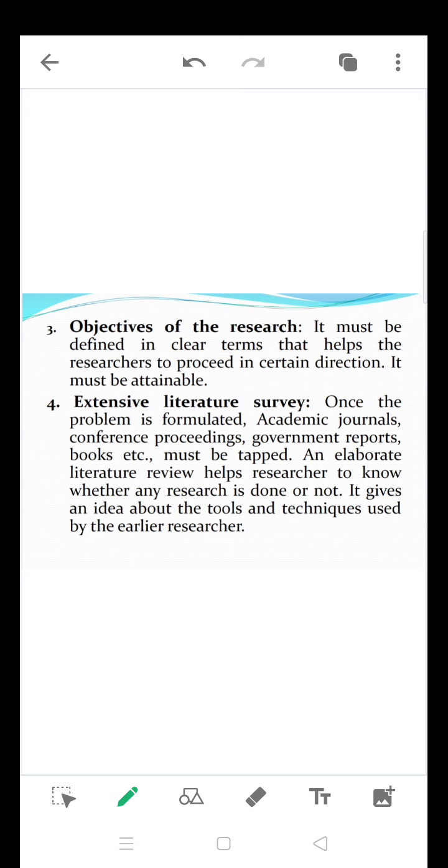And the next step is objectives of the research. After understanding and defining a problem, you set the objectives of the research. What exactly are your objectives? Here my problem is identification of customer satisfaction towards the usage of the cell phone. So what are my objectives here? I need to have clarity that helps the researcher proceed in a certain direction.